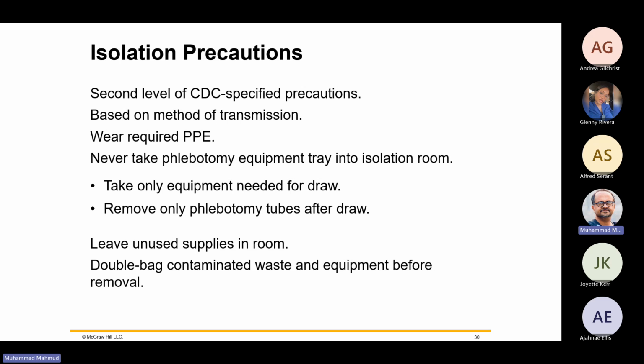The second person, also wearing appropriate PPE, stands in the doorway to the room holding a second biohazard labeled bag wide open. The first person carefully places the bag into the second bag without contaminating the outside of the bag. The second person closes the second bag and transports it to the disposal area. So this is called double bagging.